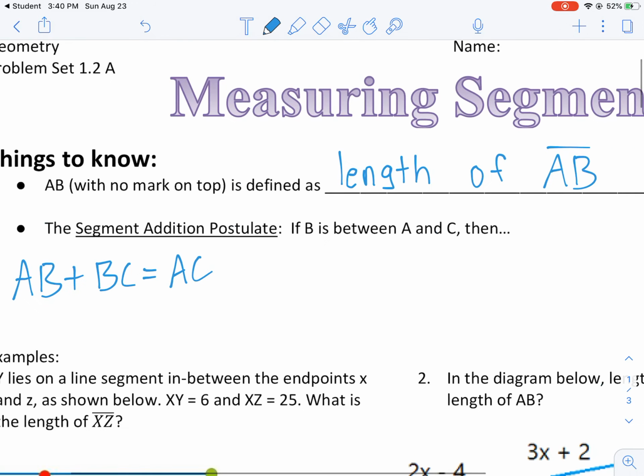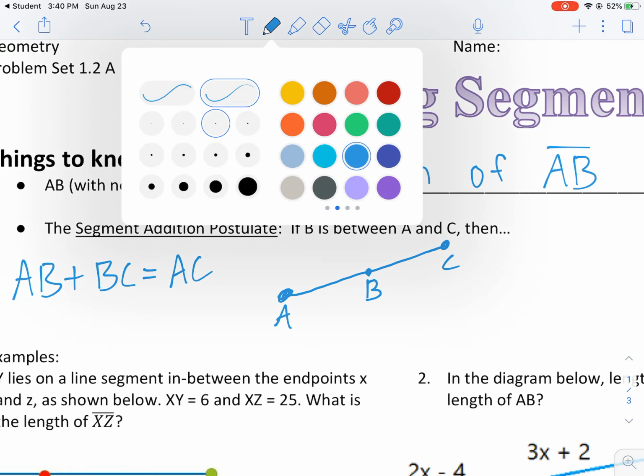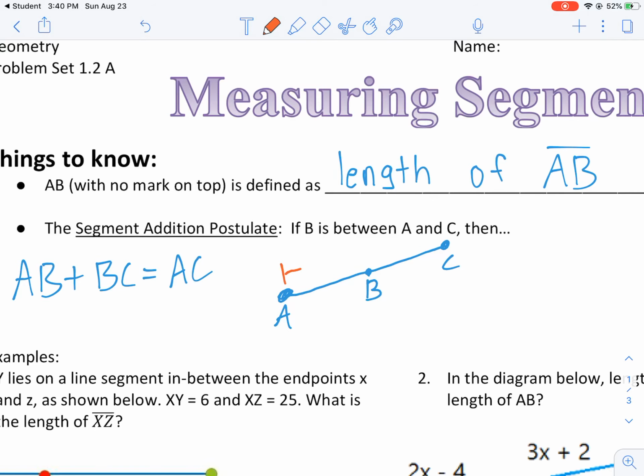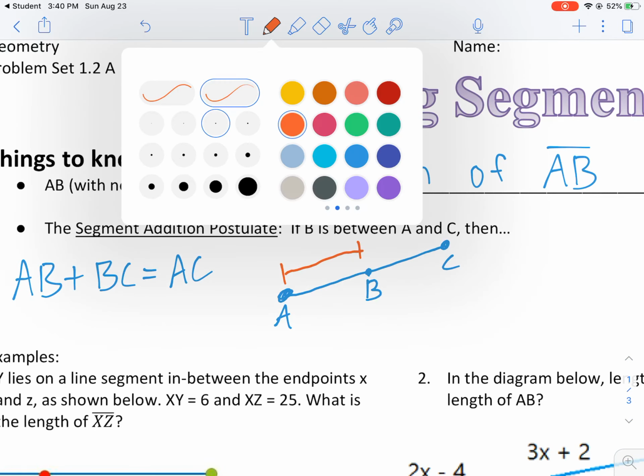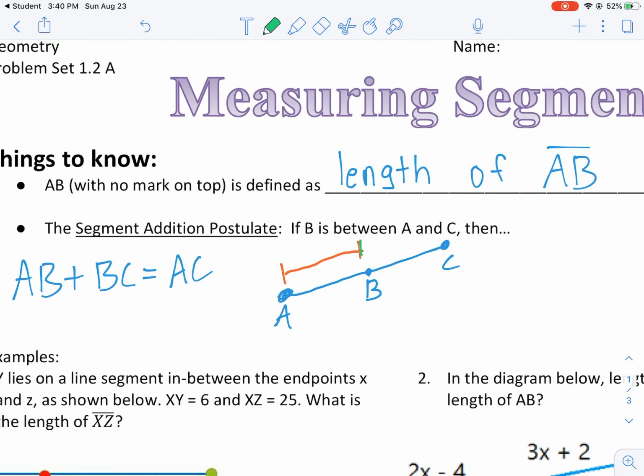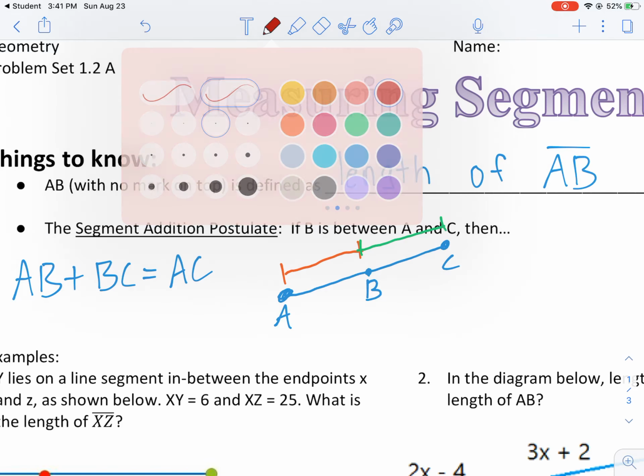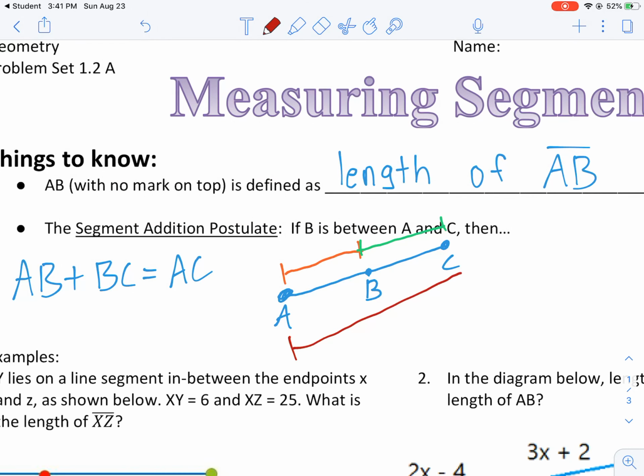So if we draw a picture for this, we draw a line from point A all the way to point C, and we put point B somewhere in the middle. Then what that's saying is AB, so from here to here, plus BC, so that's from here to here, is equal to AC, which is the whole thing.